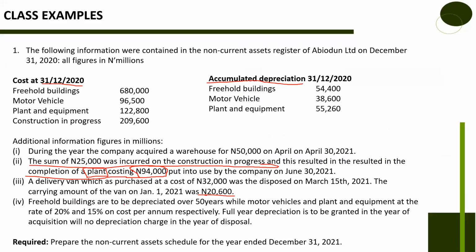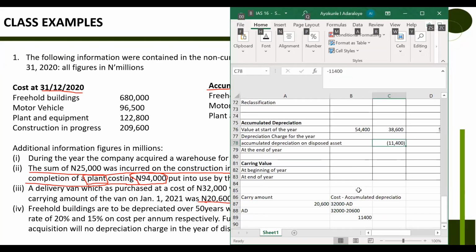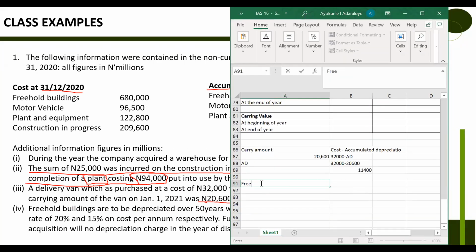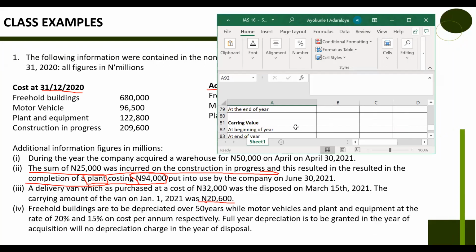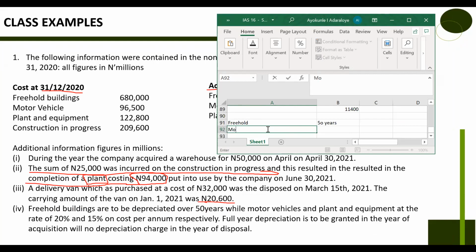The next line: freehold buildings are to be depreciated over 50 years, while motor vehicle and plant and equipment at the rate of 20% and 15% on cost per annum, respectively.